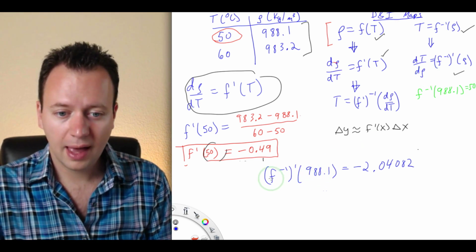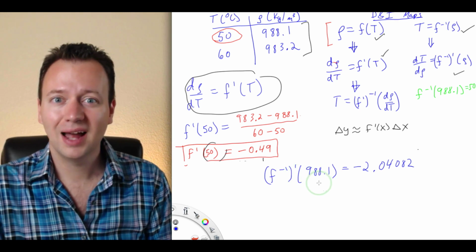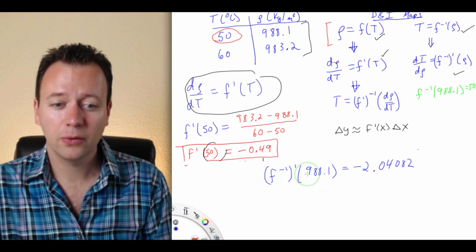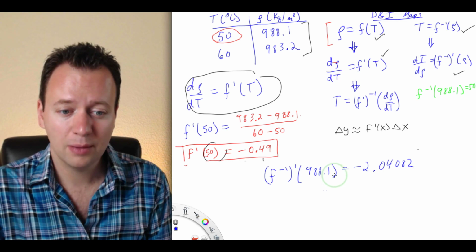But of course, f inverse prime is not evaluated at 50 degrees, it's evaluated at rho. It's evaluated at 988.1.